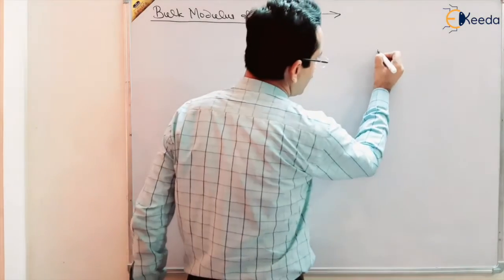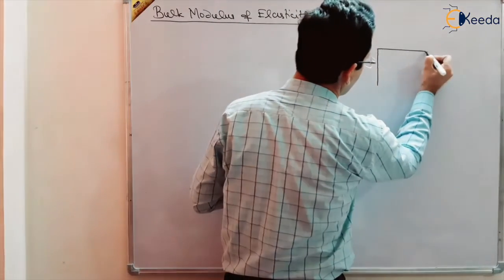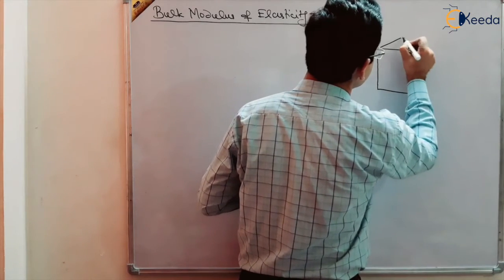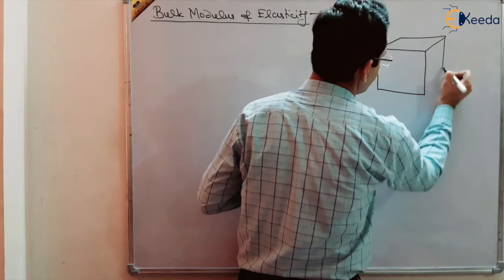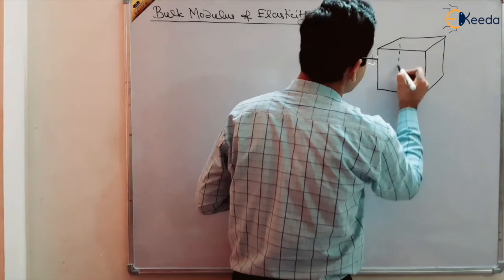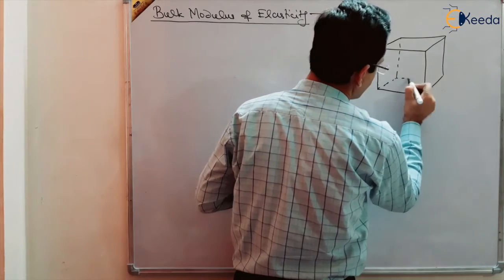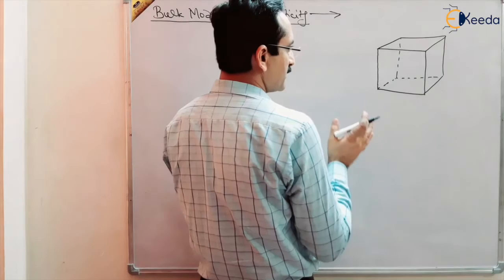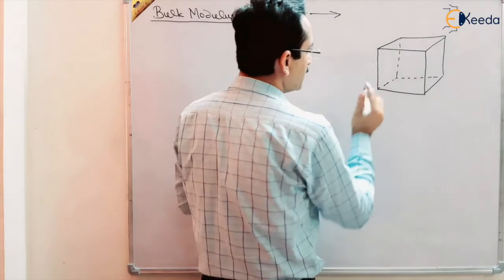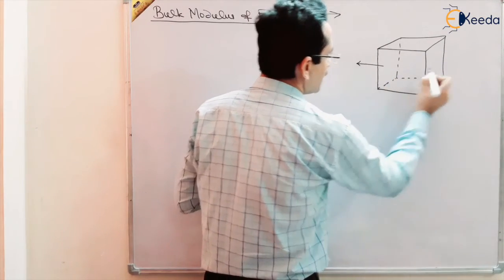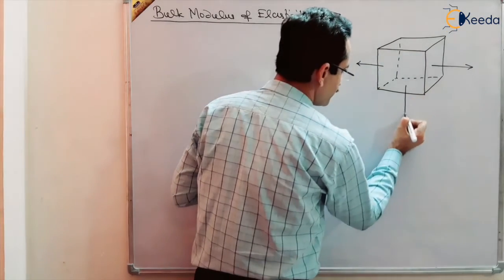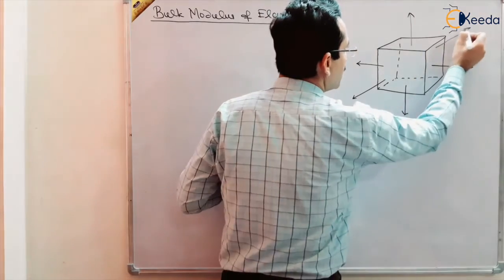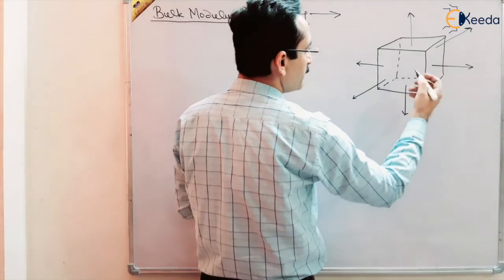Suppose we have a cuboid like this, and 3 equal stresses are developed in this material. Suppose the stresses developed are in 3 directions, and the stresses are equal in magnitude, and the nature of the stresses is also the same, like tensile stresses.